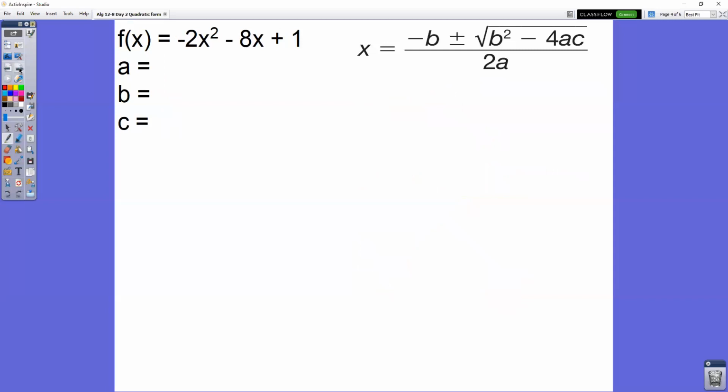So this time our a term is negative 2 because that's the number in front of the x squared. Our b term is a negative 8 and our c term is 1.